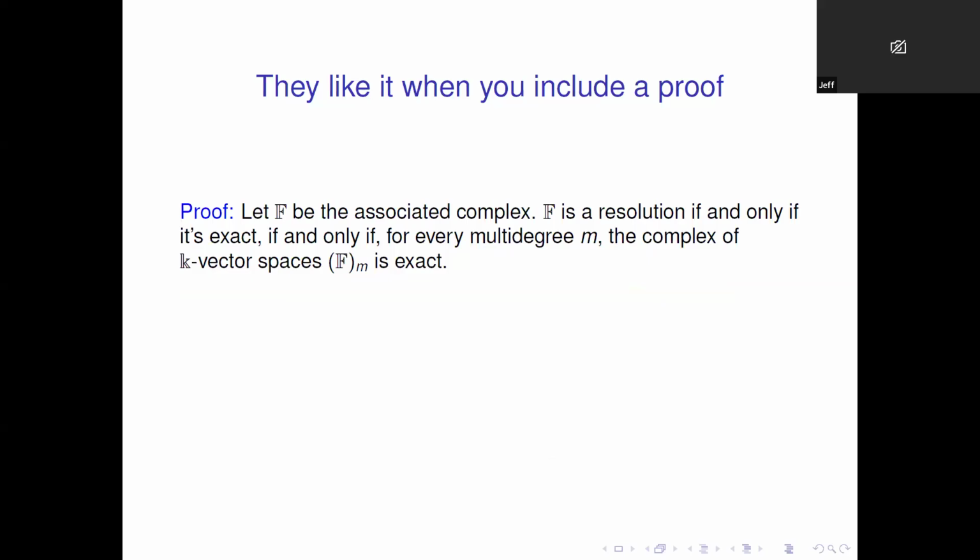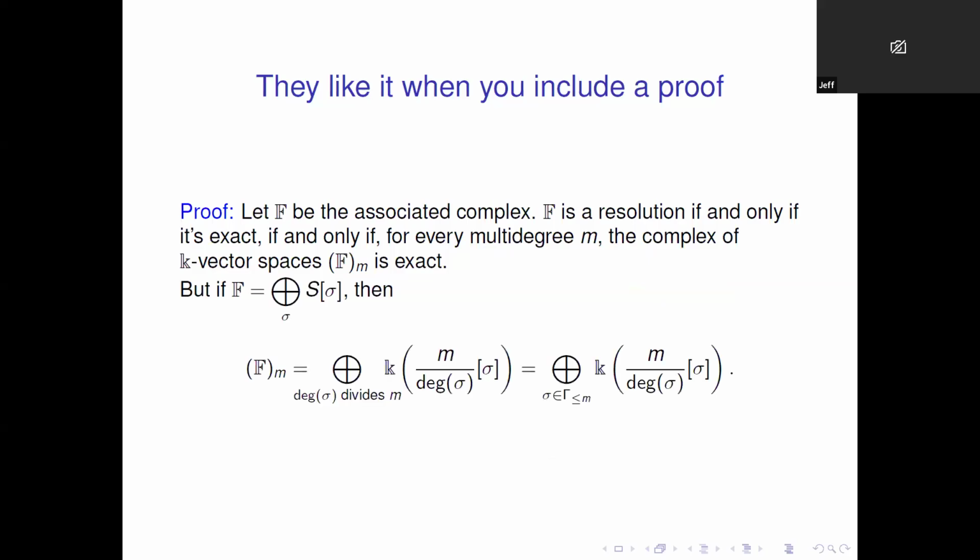The proof of this theorem is, well, look at the complex F you build that you're hoping is a resolution. And because F is a multi-graded complex, it's exact if and only if when you slice it at every multi-degree M and look at the resulting complex of vector spaces, those all need to be exact. But if we look at what that slice is, it's a complex of vector spaces. What's the basis everywhere?